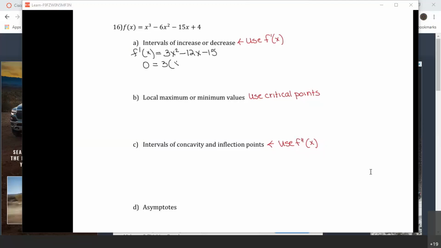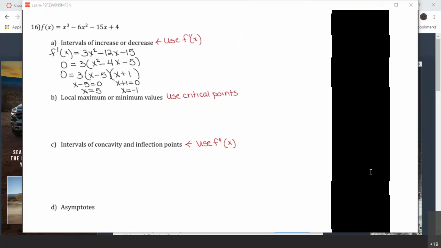Factor out my common factor. This one's pretty easy to factor. So this gives me that, and then set the factors with x equal to 0. Okay, so those are my critical numbers.